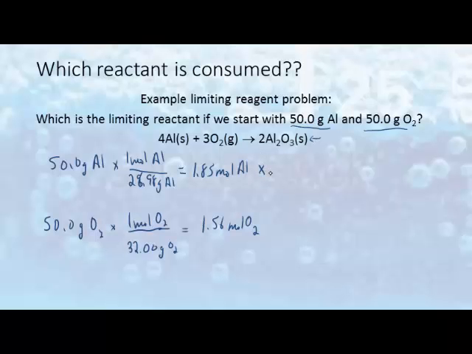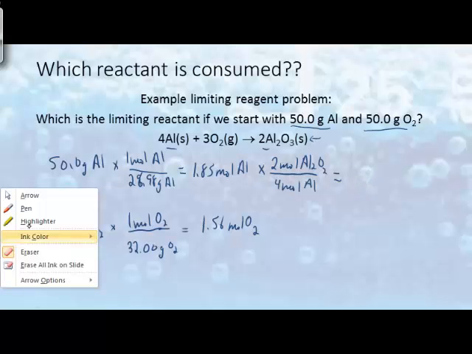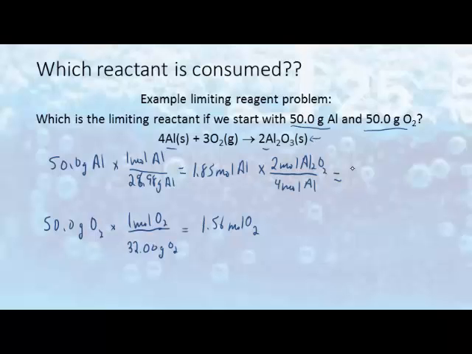So 1.85 moles of aluminum can make, if we look at our ratio of 4 aluminum atoms to 2 aluminum oxides, 2 moles of aluminum oxide for 4 moles of aluminum, and that means we can make 0.925 moles of aluminum oxide.